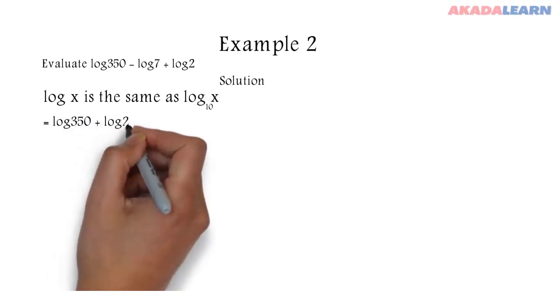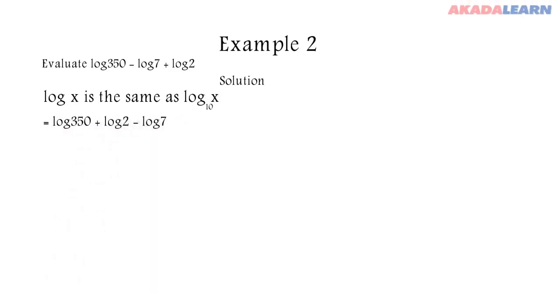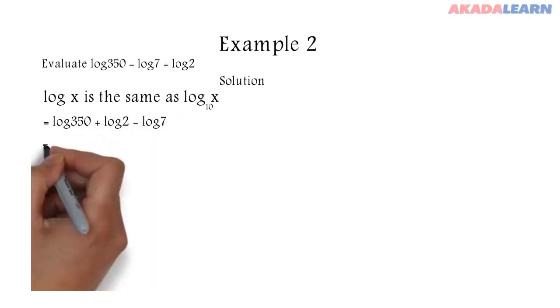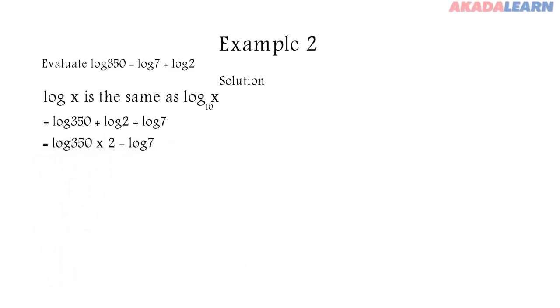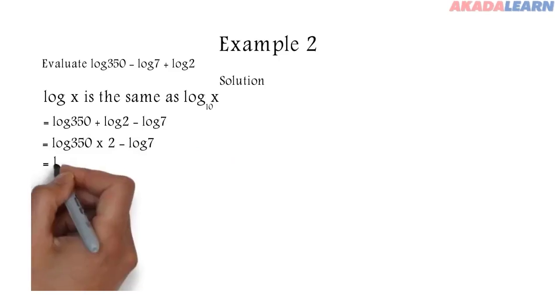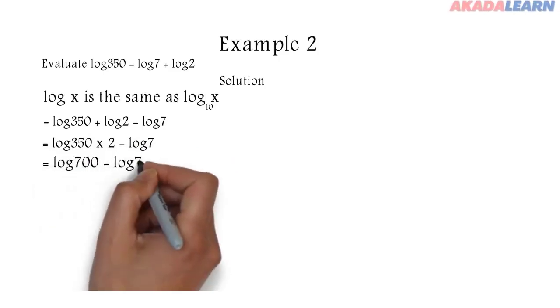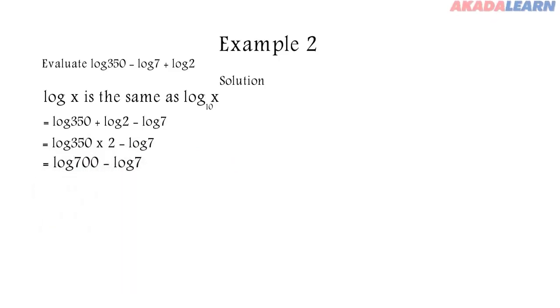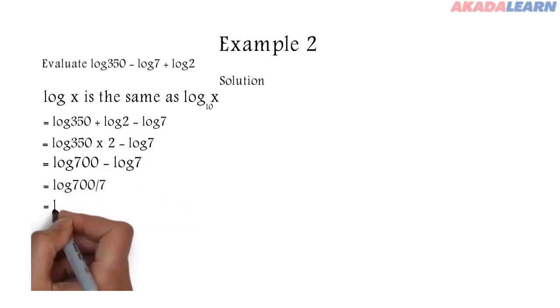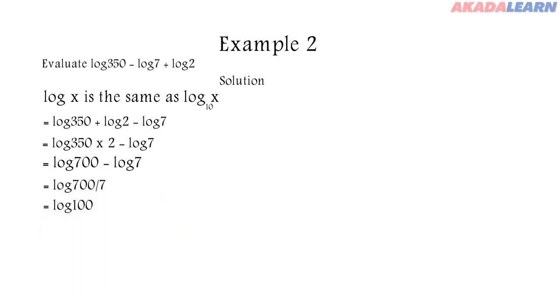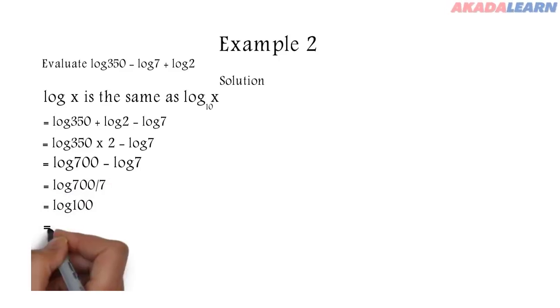So we are going to apply our BODMAS. Addition comes before subtraction, so we rearrange. We'll apply the addition law to the first two terms. So now we have log of 350 times 2, which is 700. We'll now apply the subtraction law by saying log of 700 divided by 7, which is equal to log 100, and log 100 is equal to 2.